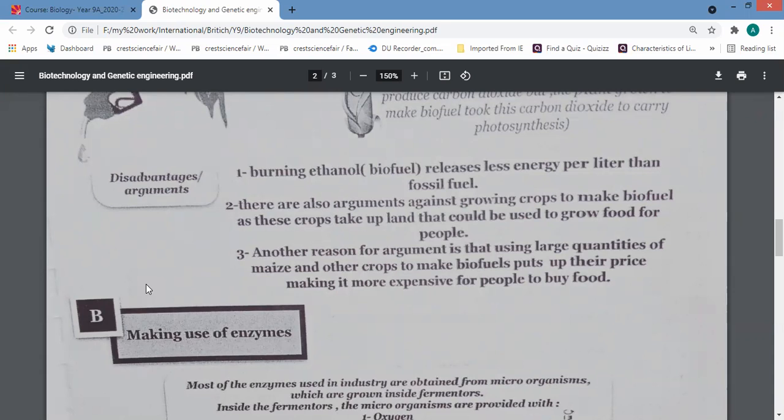So we have three disadvantages for using ethanol as biofuel. It releases less energy than fossil fuel, and the same wastes for the maize plants, so it affects other production or the source of food for other people or other products.